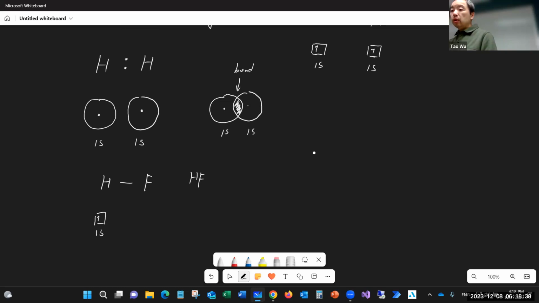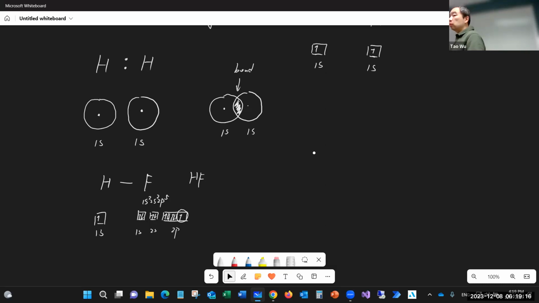The electron configuration for fluorine is 1s2, 2s2, and 2p5. So the electron diagram for fluorine is something like that: 1s, 2s, and 2p. The reason the fluorine would like to bond is that it has an unpaired electron in the 2p orbitals.